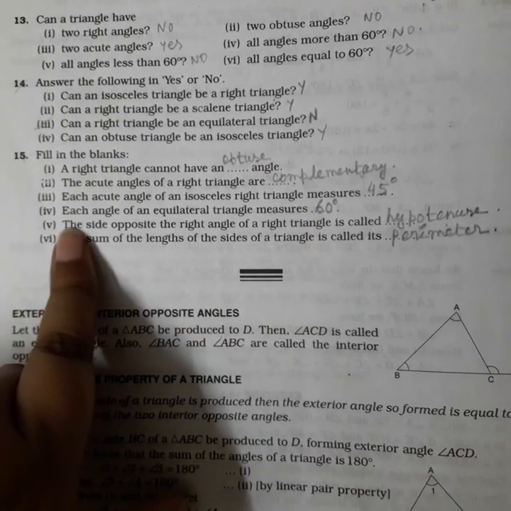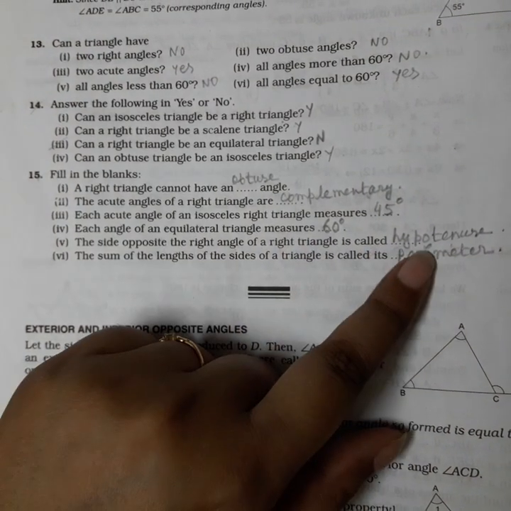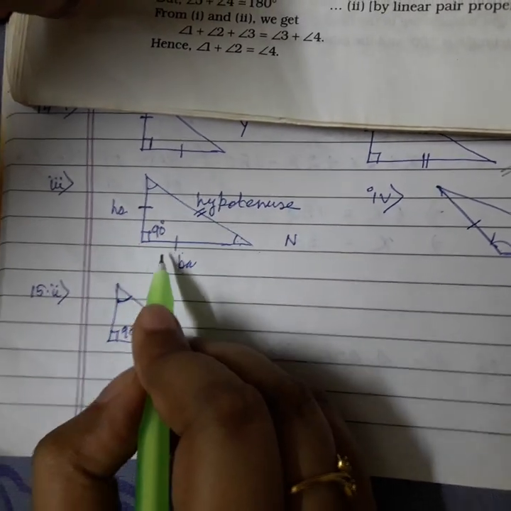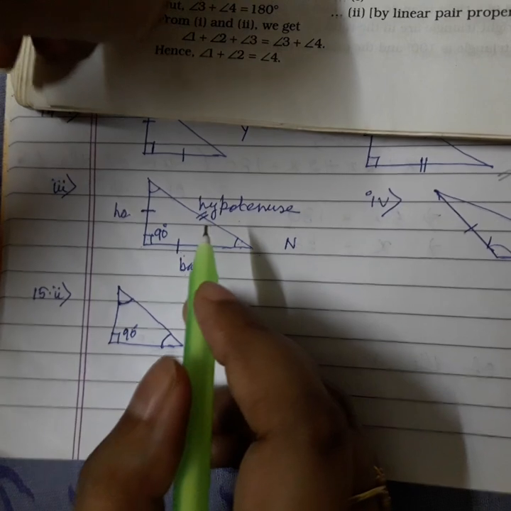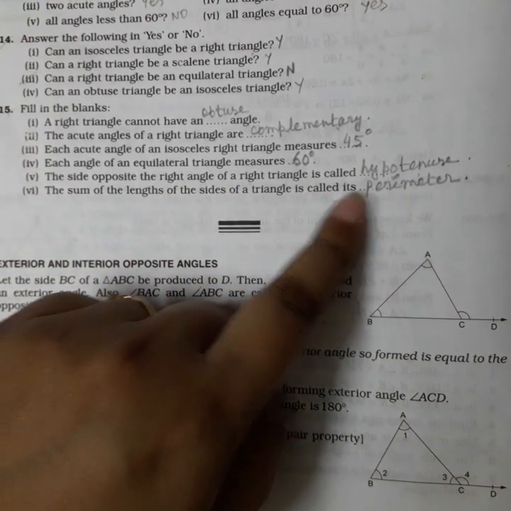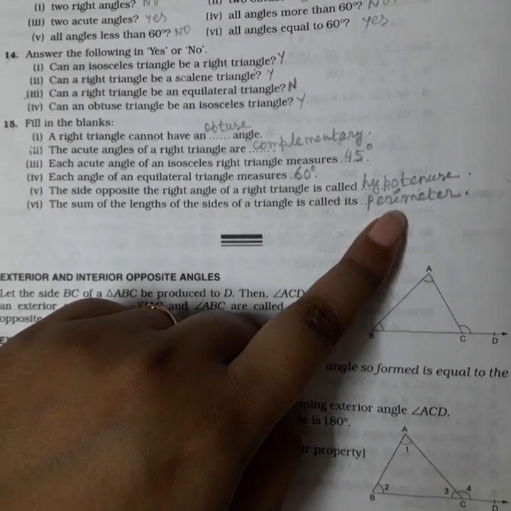You know that the side opposite to the right angle of a right triangle is called hypotenuse. This is a right triangle, opposite to 90 degree, the side which is given, that is called hypotenuse. And then the sum of the lengths of the sides of a triangle is called the perimeter.